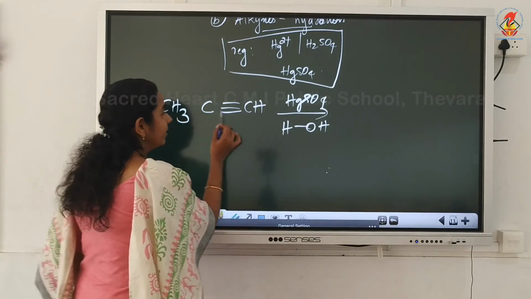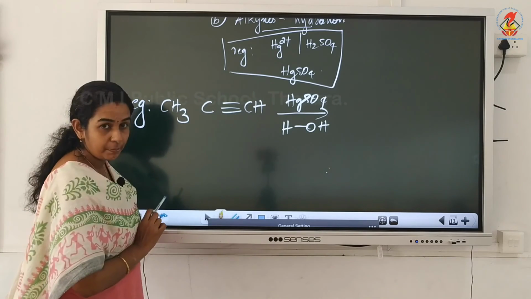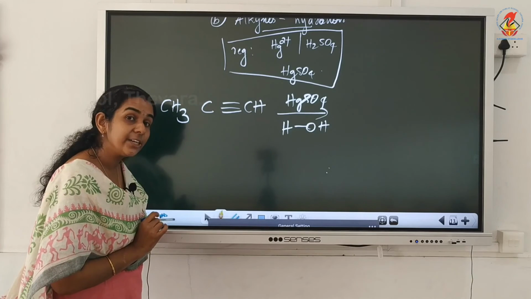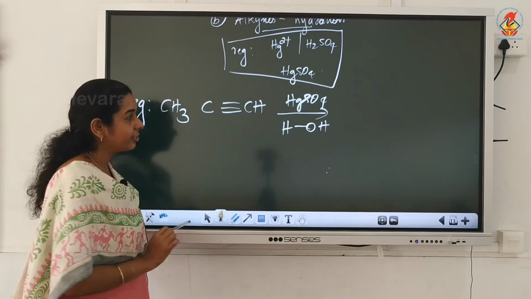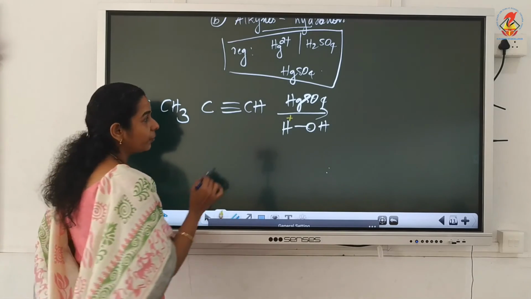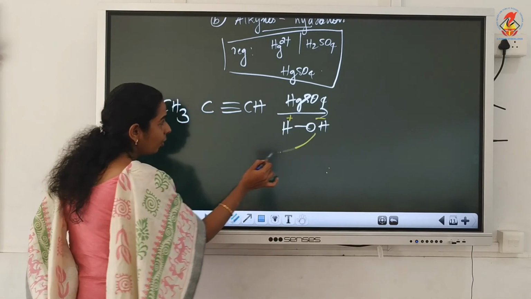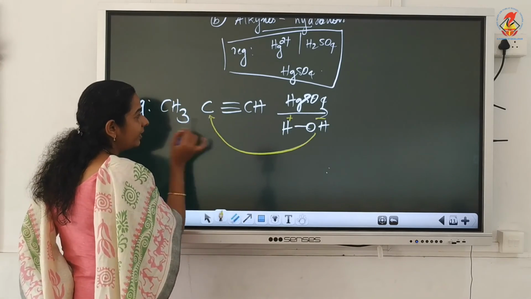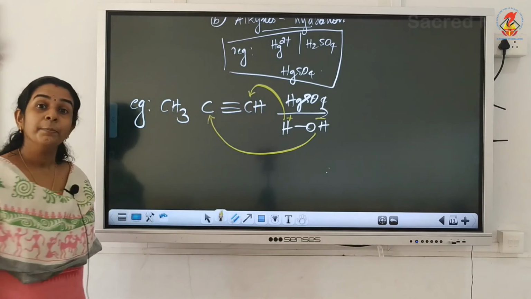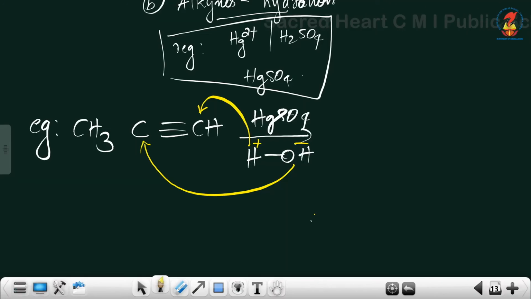So here we are adding water to a carbon-carbon triple bond. The negative part of water, that is OH minus, will be attached to the carbon with less number of hydrogens, and the positive part, that means H plus, will be attached to the carbon with more number of hydrogens. That is Markovnikov's rule. So what will we get as the product?